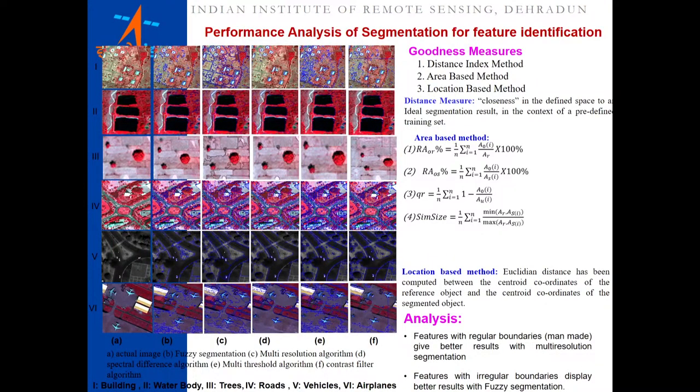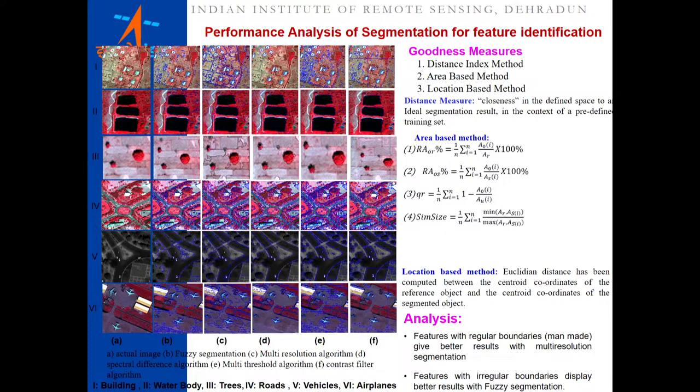Then another example of performance analysis by feature identification. The performance analysis of the segmentation was also attempted. Not just the performance analysis of the classification algorithms, but how well the segmentation is performing for feature identification, because once the segmentation is done, we will classify.